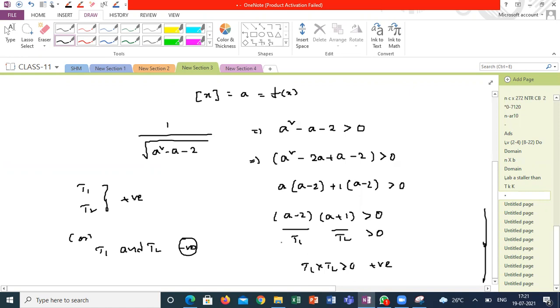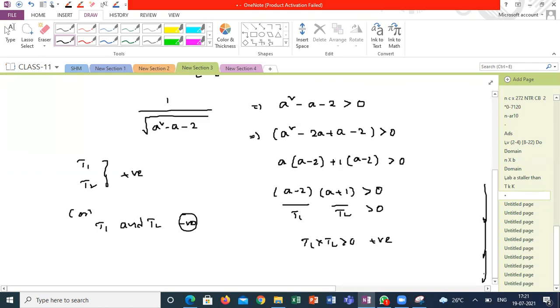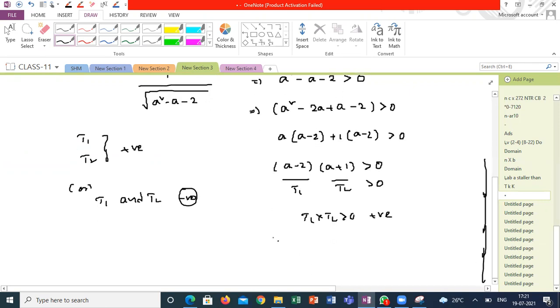For what A values will you get both negative? Suppose I am taking both positive: A minus 2 must be greater than 0 and A plus 1 must be greater than 0. That means A must be greater than 2 and A must be greater than minus 1. So A should be what here?